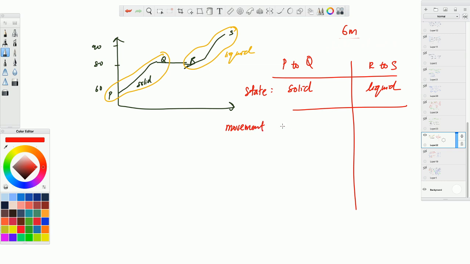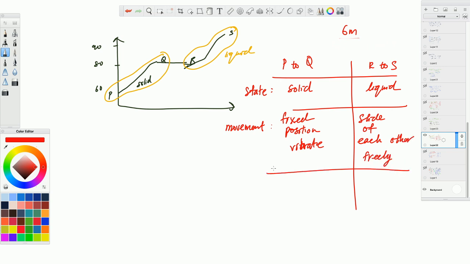Solid is in a fixed position and they only vibrate. Liquid, they slide over each other freely.